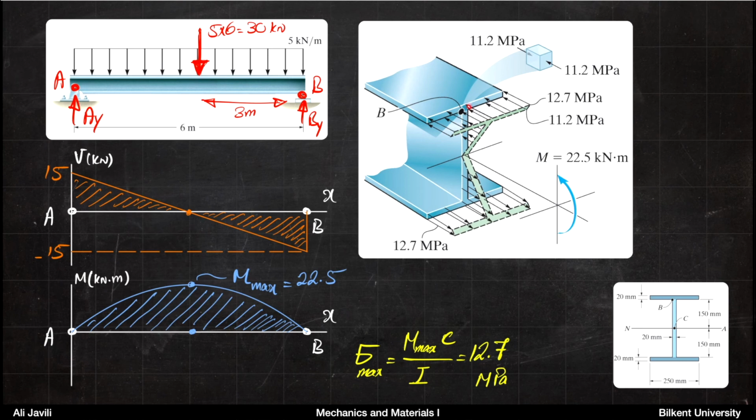But because you also know that stress at the neutral axis is 0 and it's a linear distribution, you can also draw the stress distribution. And if you do that, you see that, for instance, at point B, right on the corner where the two sections meet, you would have 11.2 megapascal as a stress. And then again, at the neutral axis, you would have stress 0.